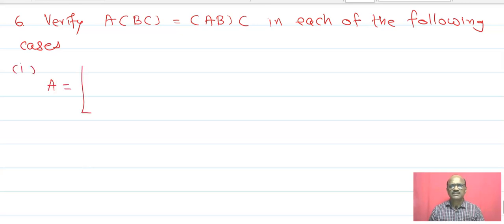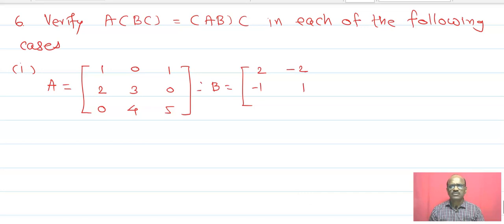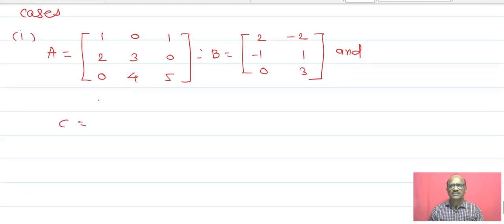Number 1, A is equal to 1 0 1, 2 3 0, 0 4 5, and B is equal to 2 minus 2, minus 1 1, 0 3, and the matrix C is 3 2 minus 1, 2 0 minus 2.